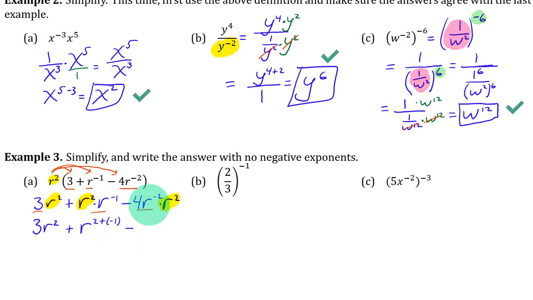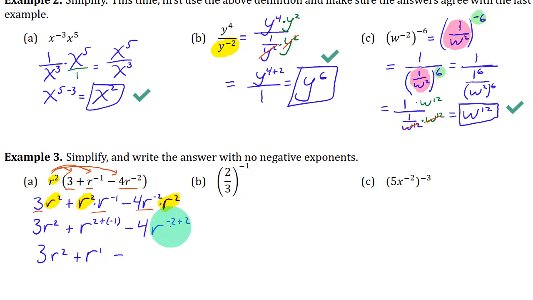This one's going to be the 4 you can't do anything with. That's just going to be minus 4. And then we have r to the negative 2 plus 2. You can add those exponents. So let's do that here. 2 plus negative 1 is going to be 1. So that's just r to the 1, or just r.